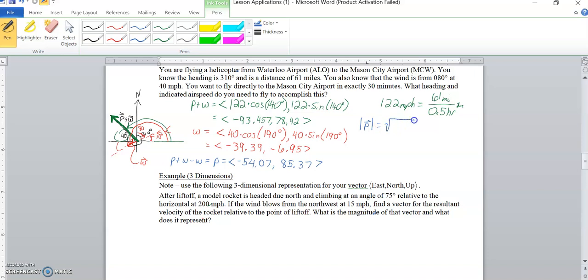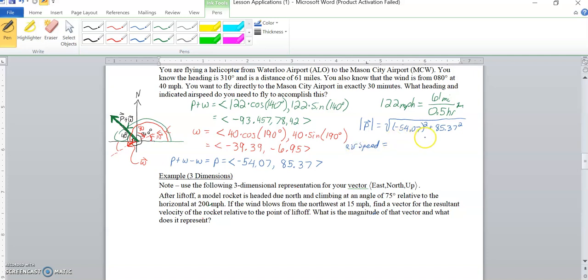And the magnitude of any vector is the X component squared plus Y component squared. And then you take the square root. So speed, airspeed.